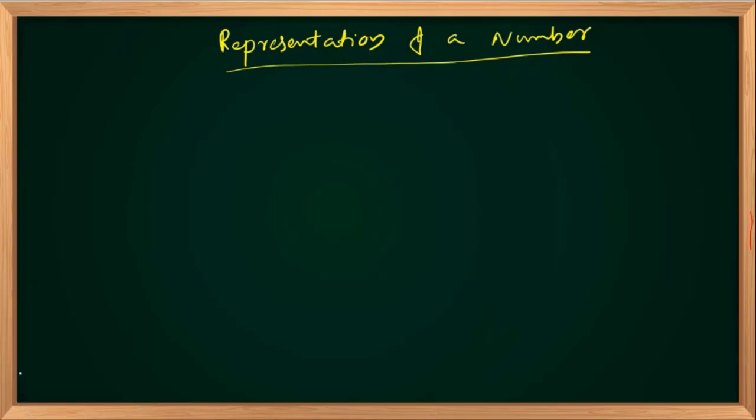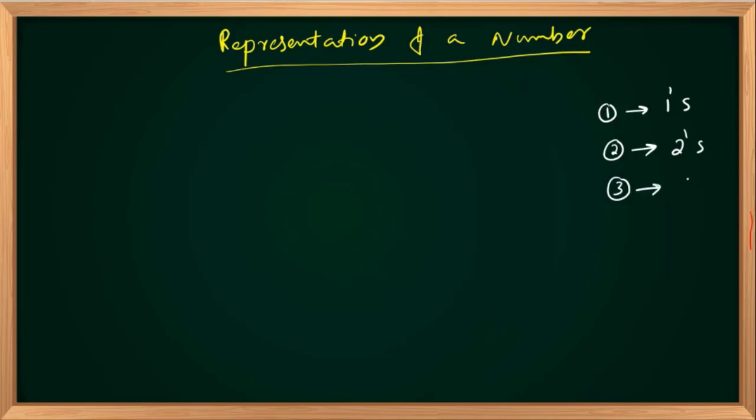Before getting into the representation of a number, let me tell you, actually we have more representations, but here we are going to discuss only 3 representations. One is 1's complement representation. Second one is 2's complement representation.